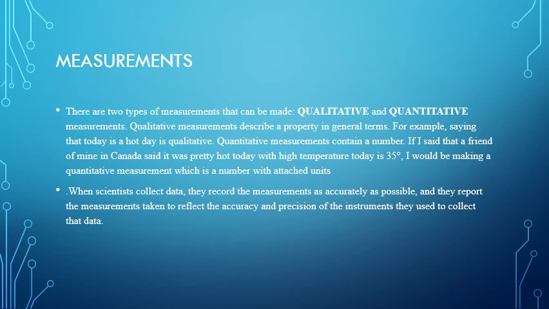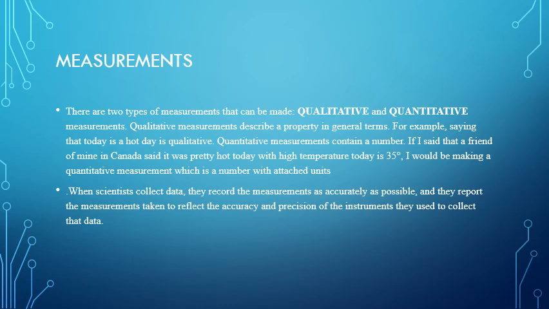A quantitative measurement contains a number. If I said that a friend of mine in Canada said it was pretty hot today with a high temperature of 35 degrees, I would be making a quantitative measurement. However, it would lack context because you might be saying to yourself, ooh, 35 degrees? Down here in Georgia, that doesn't seem like that would be very hot.